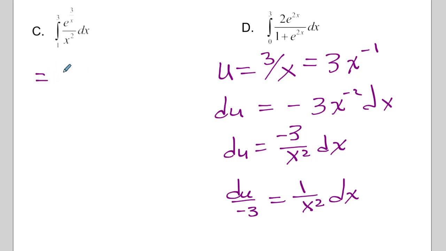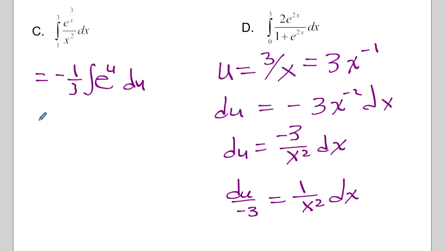All right, so this becomes the integral, well, negative 1/3 times the integral of e to the u du.